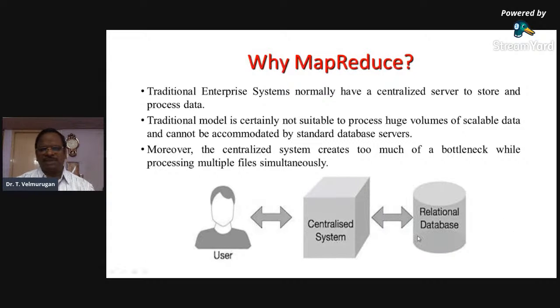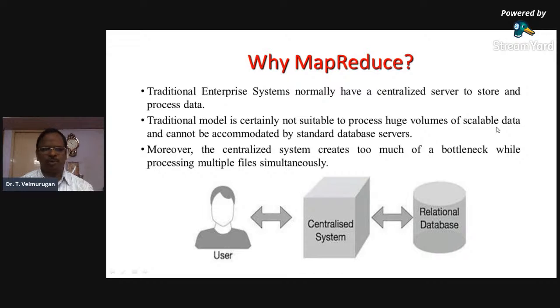Suppose you want to process a relational database. A traditional enterprise system normally has a centralized server to store and process data. The traditional model is certainly not suitable to process huge volumes of scalable data.